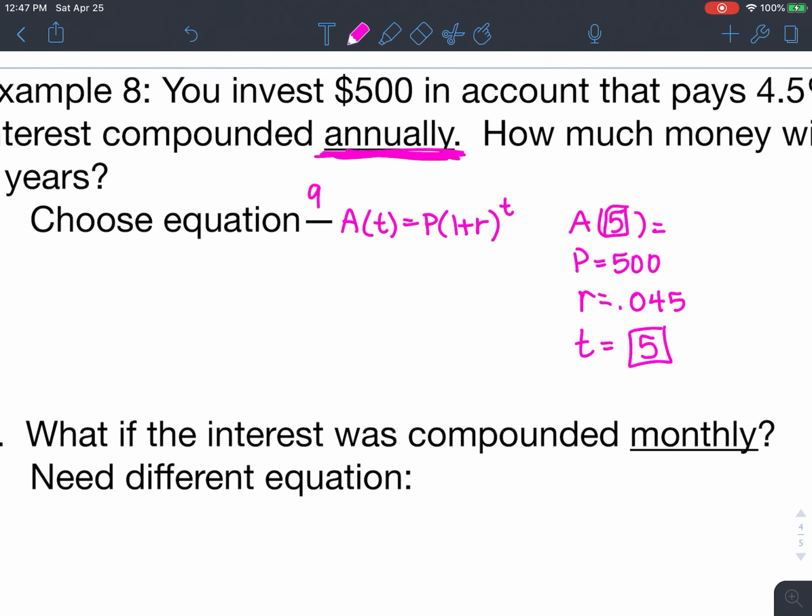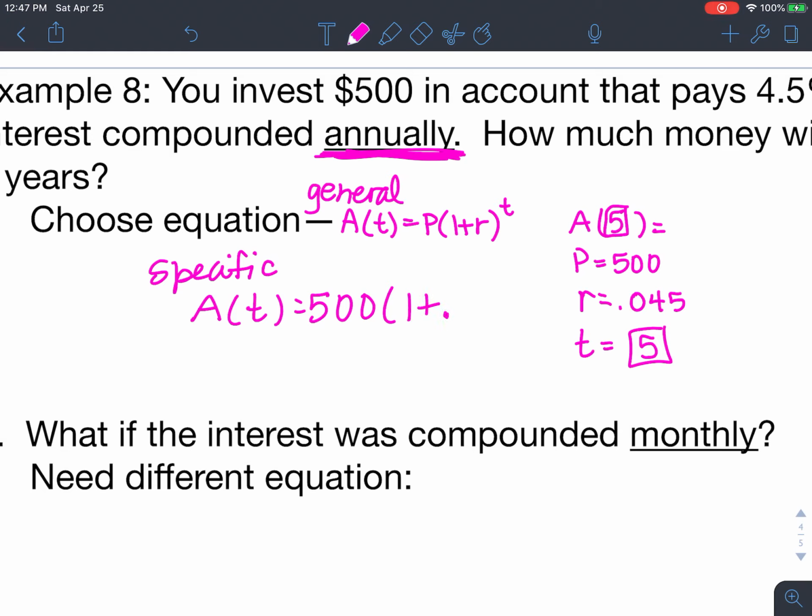So this is our general equation. And now we'll write our specific equation for this problem. That's going to be A of t equals 500 times 1 plus 0.045 to the t.